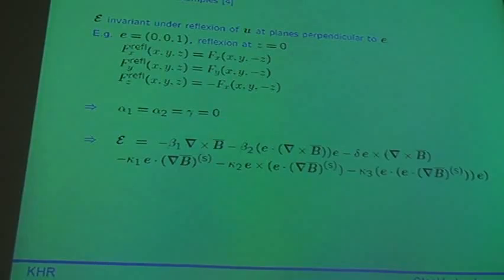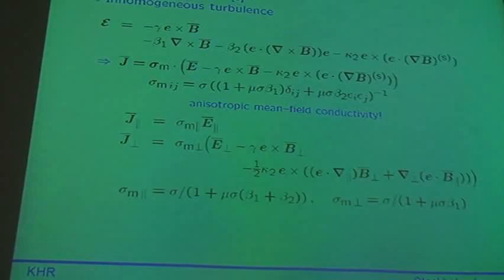Okay, consider in more detail the case of inhomogeneous turbulence. We have then this. We can write Ohm's law in this way. We have two beta coefficients, and we can incorporate them in a now anisotropic mean field conductivity, which is given here. So -1 means inversion of the matrix.